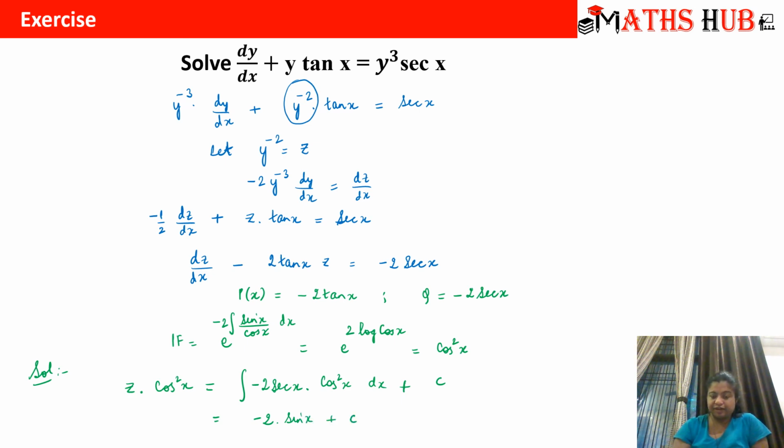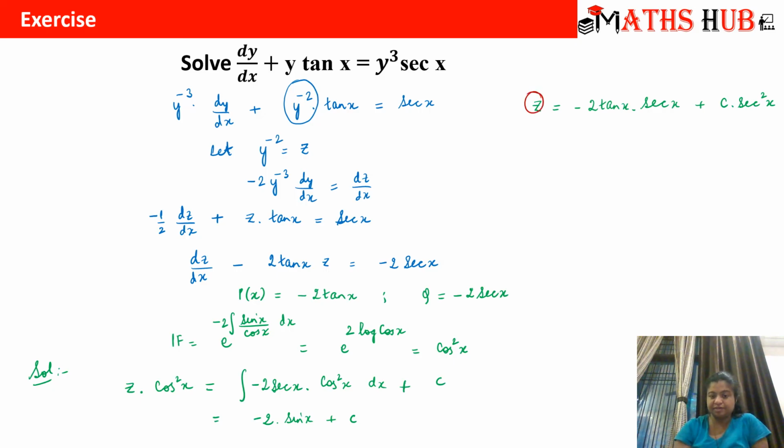So what is finally z? Divide by cos square x. So 2 sin x by cos square x will turn out to be 2 tan x into secant x. And c by cos square x will become c secant square x, right? And finally, substitute back the value of z.